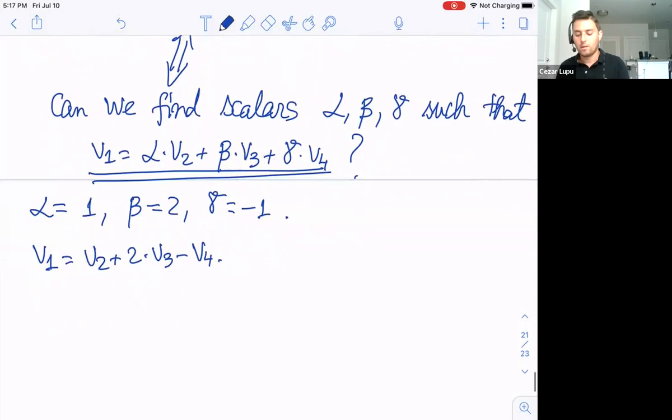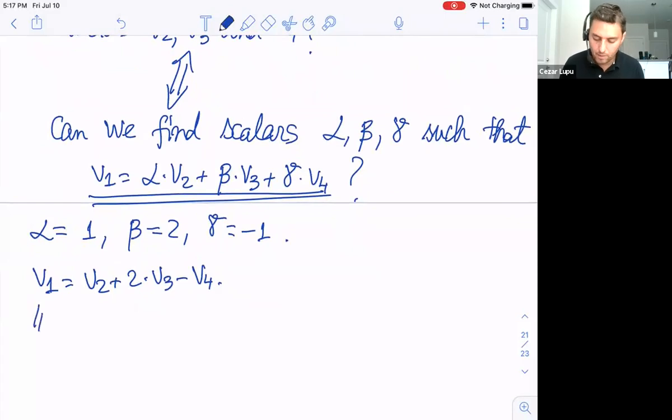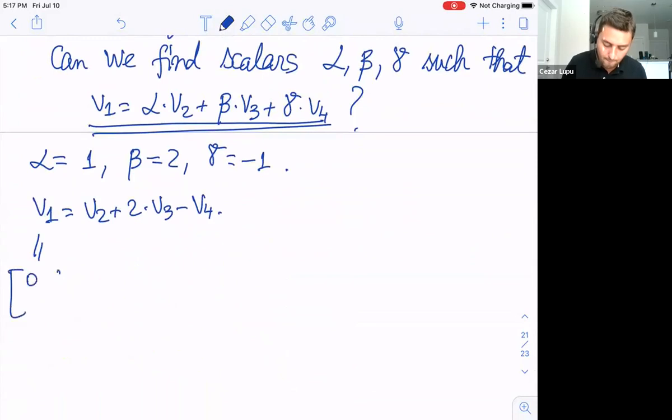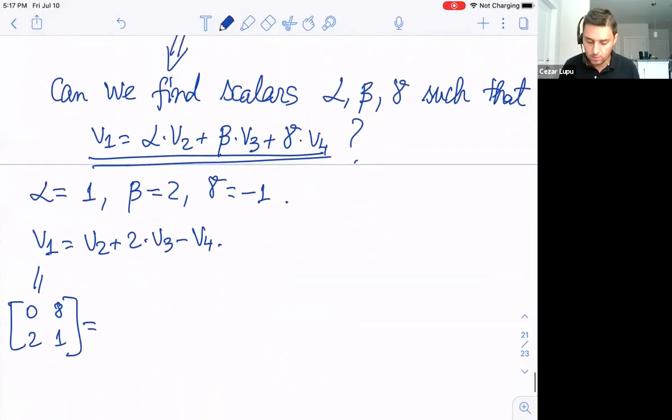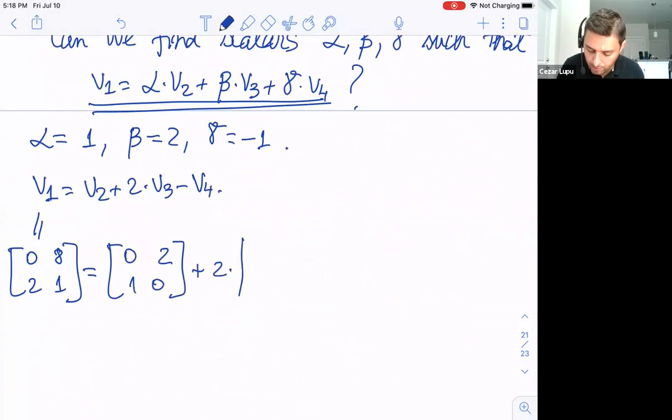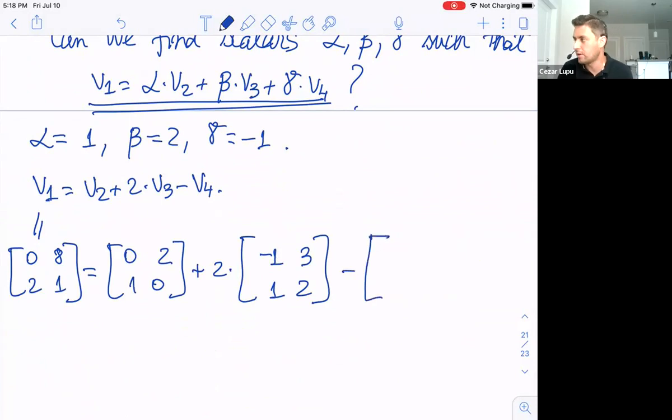Well, let's see. Is this true? V1 is this matrix (0, 8; 2, 1). V2 is (0, 2; 1, 0), plus 2 times this matrix V3, which is (negative 1, 3; 1, 2), minus the fourth vector, which is given by (negative 2, 0; 1, 3).